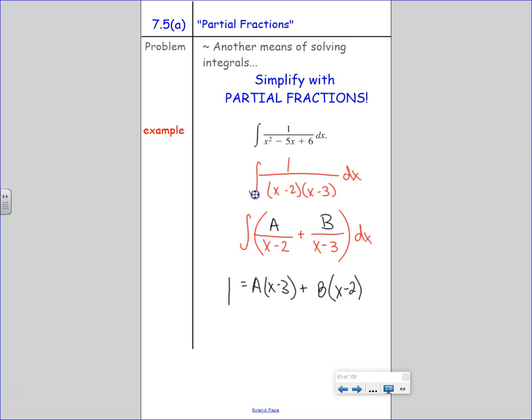Hold on, a 1, there were no x terms left, right? So whatever x terms I had on this side, which would have been a plus bx, somehow that had to go away to be 0. And whatever non-x terms I had, which were negative 3a and 2b, somehow that had to make 1.